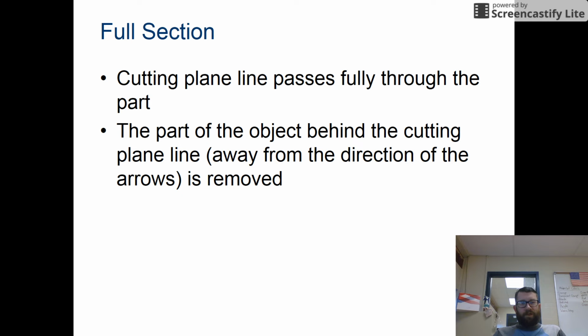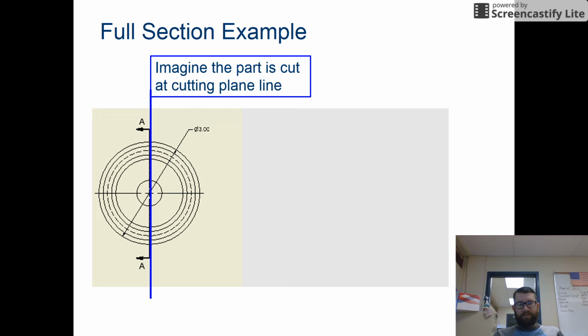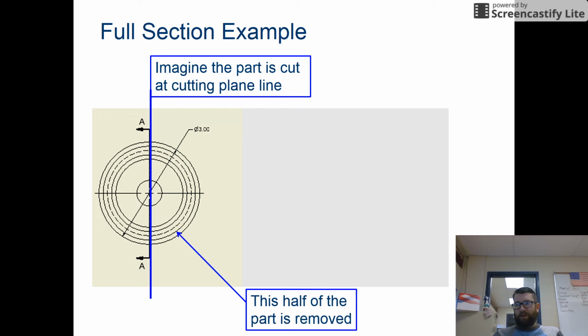Full section: the cutting plane line passes all the way through the part. The part of the object behind the plane line is removed, or away from the direction of the arrows. In this case, we're cutting a circular object in half. So the half on the right side is the one that gets removed.